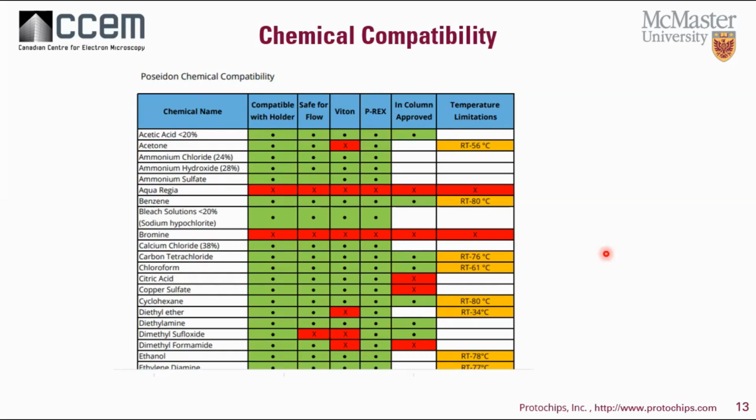A few years ago, we had an incident in one of our microscopes when the window broke and the acid actually spilled into the column of the microscope. I can tell you it's not something really pleasant to fix or repair. So before you start an experiment, check the chemical compatibility list, or contact the manufacturer.